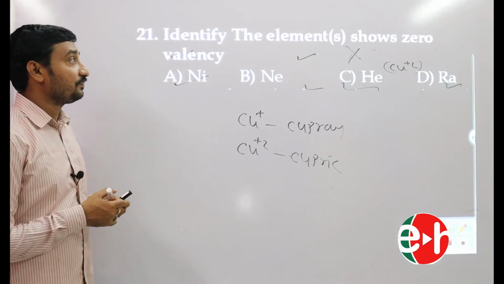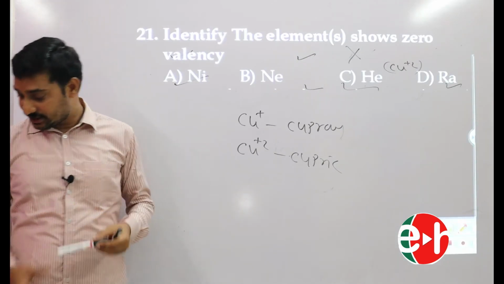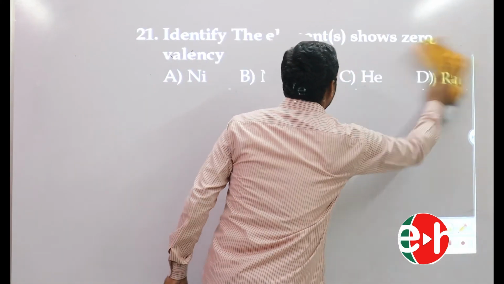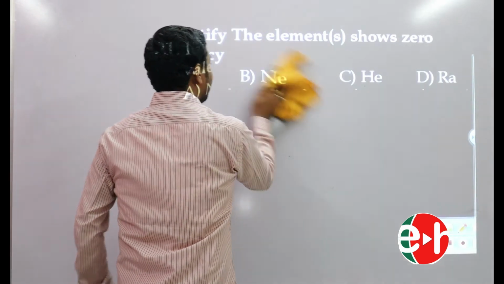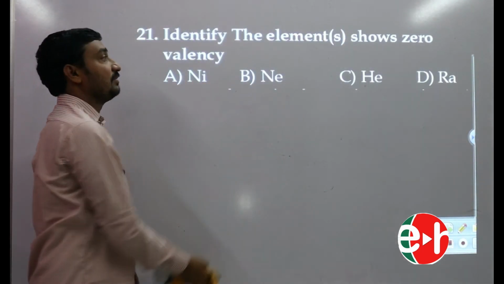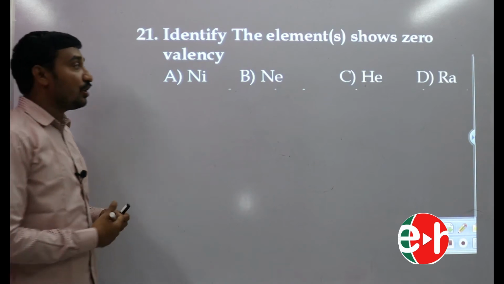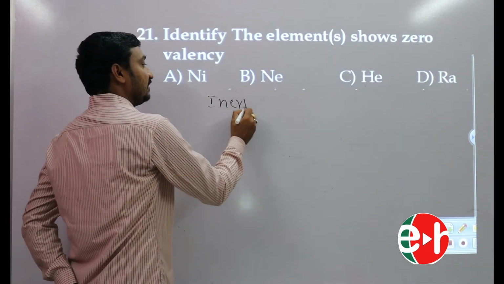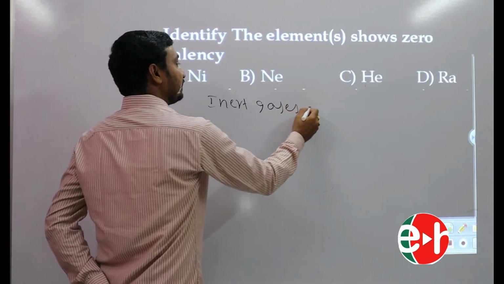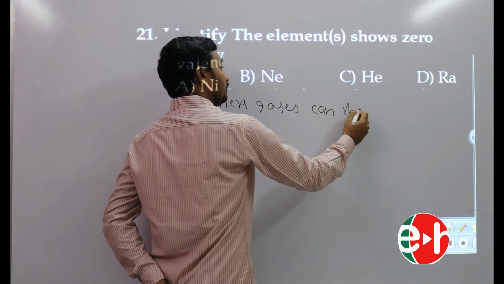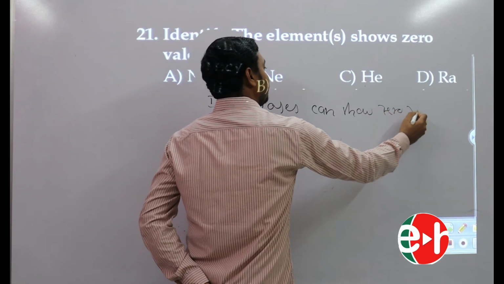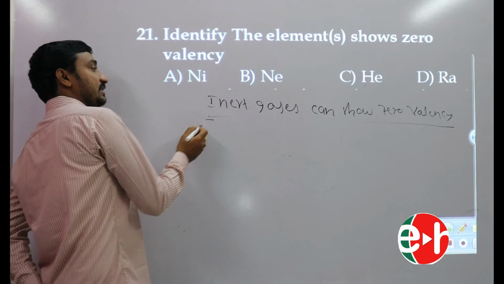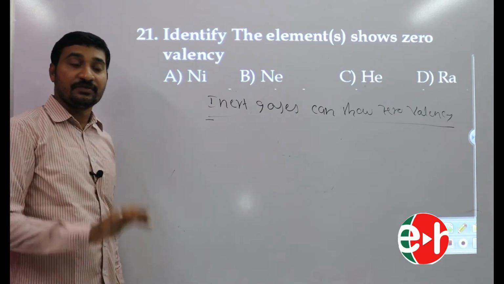Identify the element that shows zero valency. See, zero valency can be shown by inert gases. Inert gases do not combine with any other element.